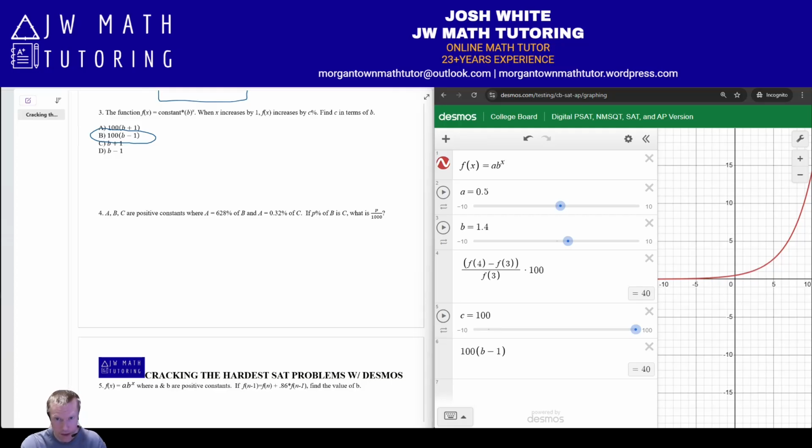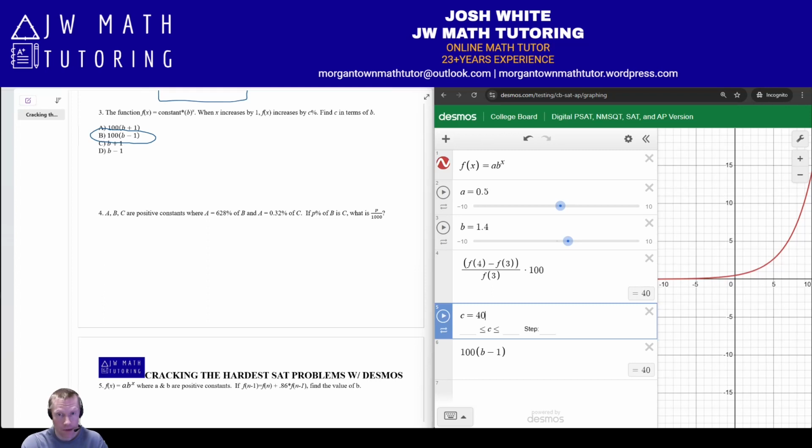Okay, so I have 40 here for the percent increase calculation, and therefore the c I'm looking for is 40. So now I go through the answer choices and plug in the b value that I chose, which is 1.4. And again, B is going to be the only one that gives you 40.